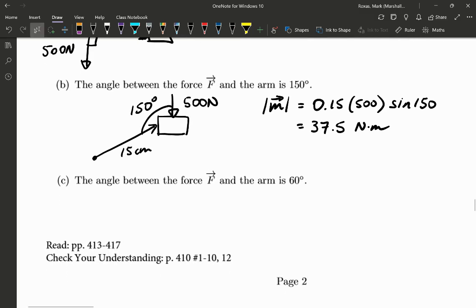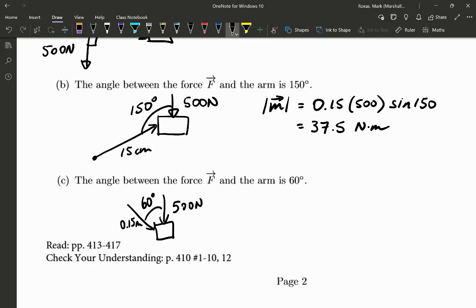And then finally, the angle between the force F and the arm is at 60 degrees. So let's say now the pedal has changed locations once again. Here it's down here where the force is still acting downward at 500 newtons, and my 0.15 meter arm is still here, and the angle between the two is now at 60 degrees.